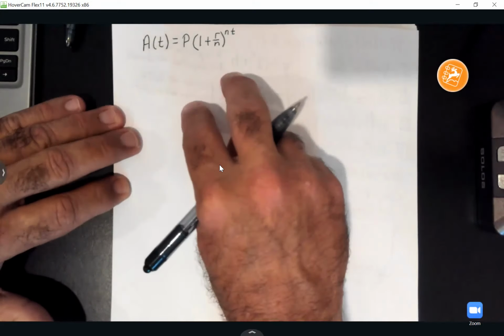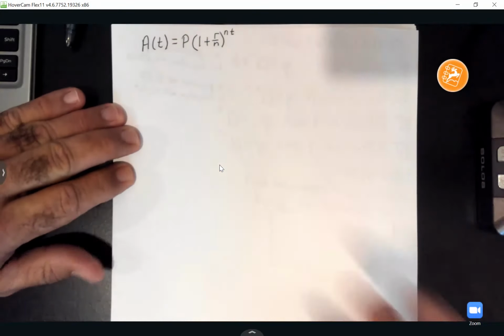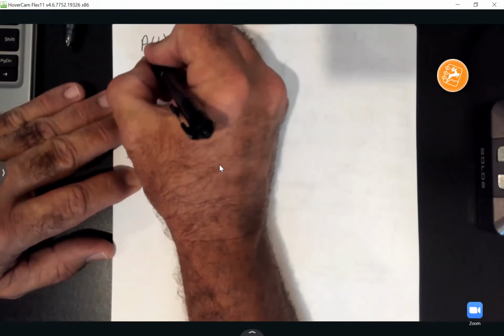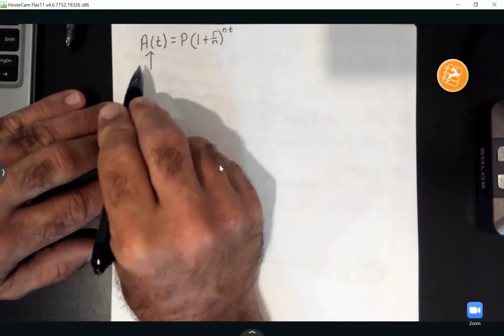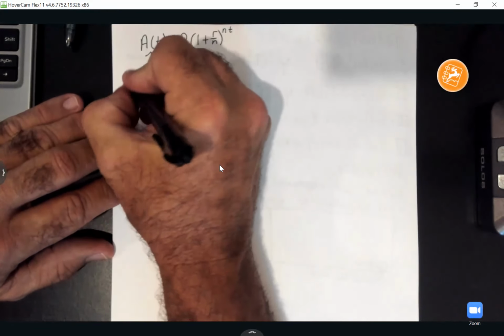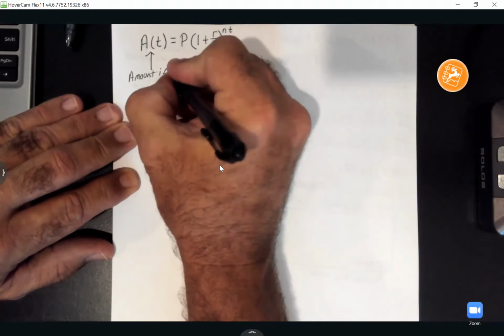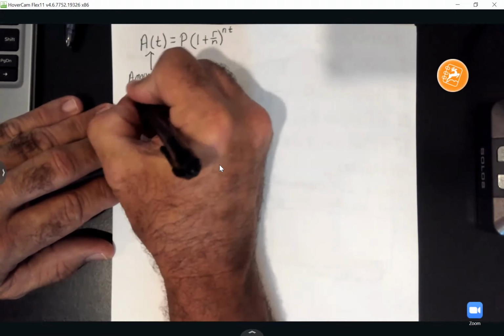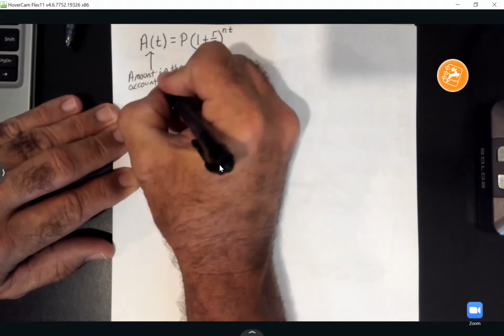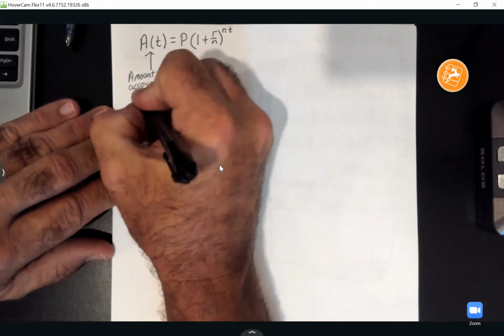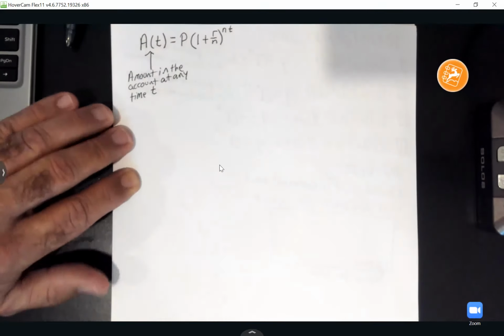Right, so this is an investment type problem. If you were to invest money in a bank, so let me show you what everything is. A of t is the amount in the account at any time t.